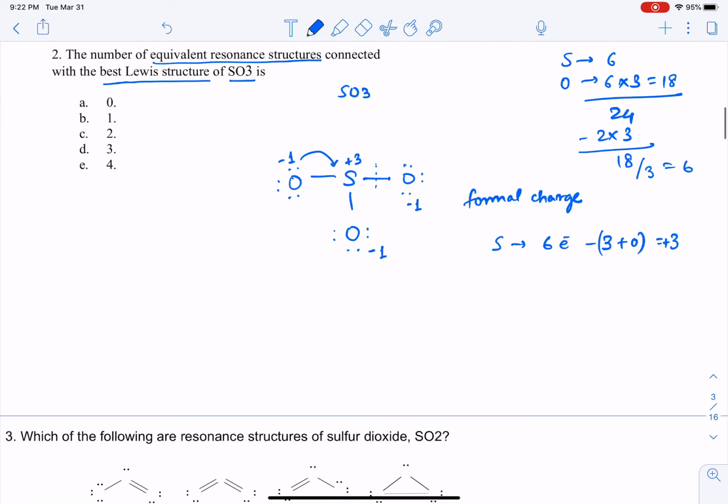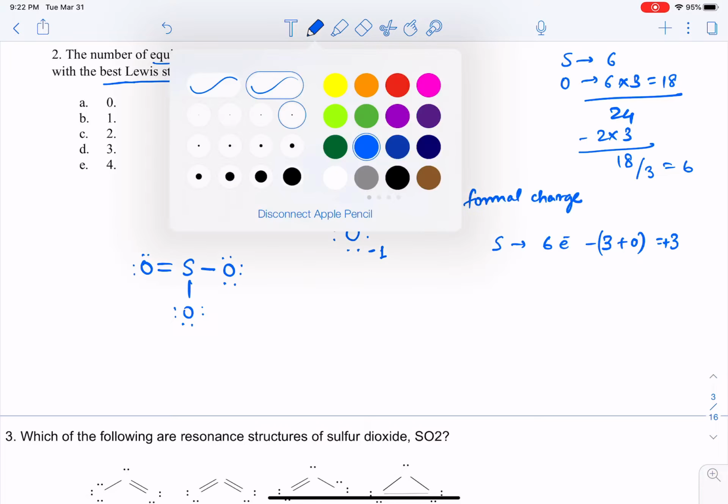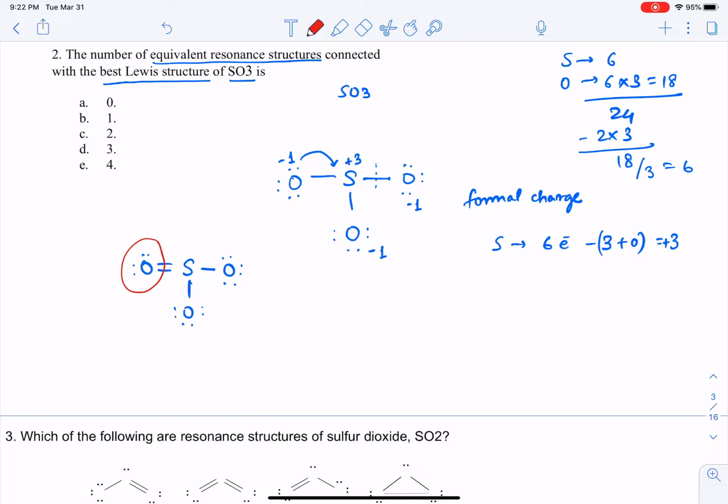So if we do that, what happens is this: S double bond O, and the other oxygens. Now this oxygen has no formal charge, it's now 0. This one still has -1, this one also has -1.